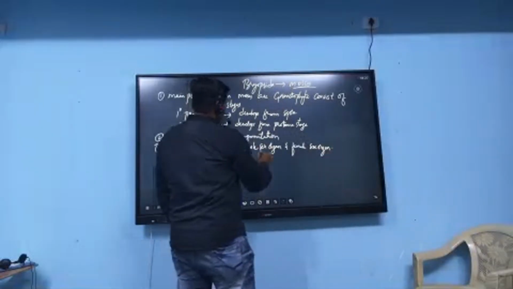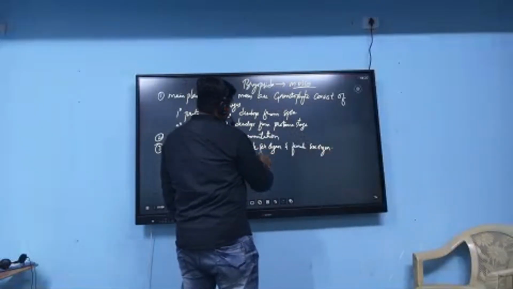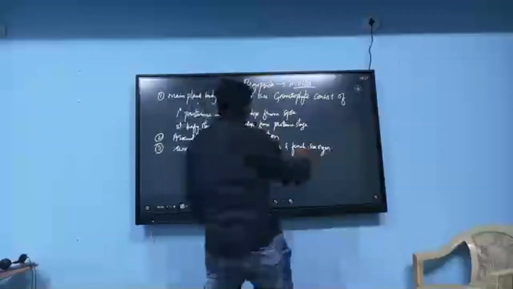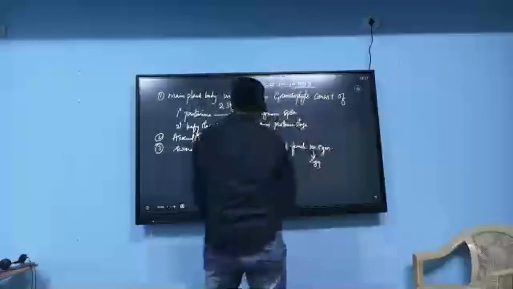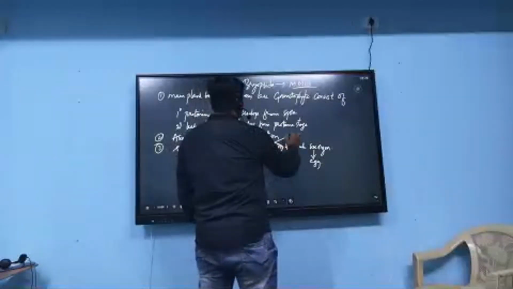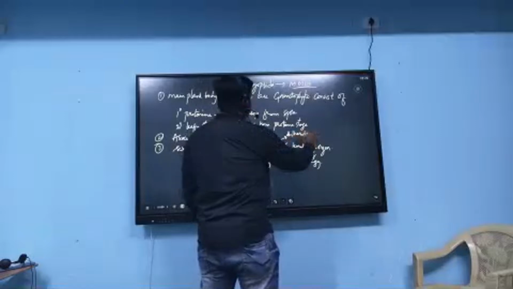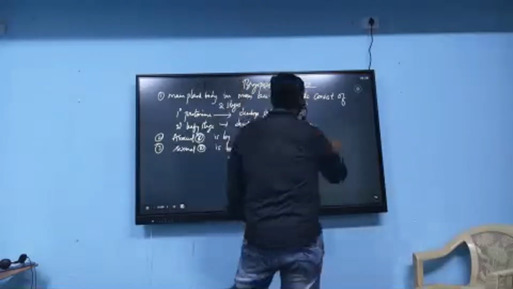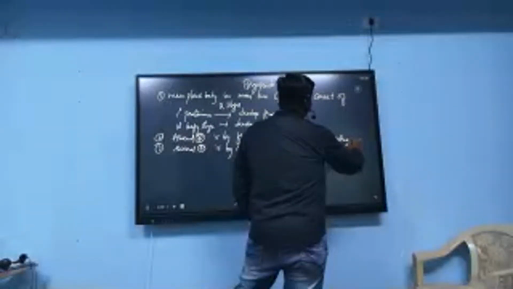Male sex organ will produce antherozoid. Female sex organ will produce egg. Male sex organ, already we know, is antheridium, and female sex organ is archegonium.